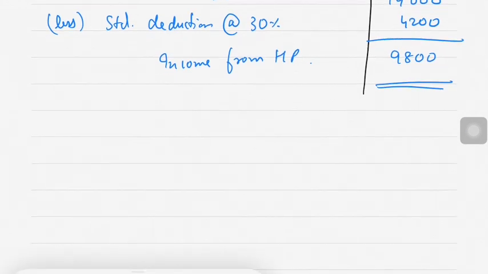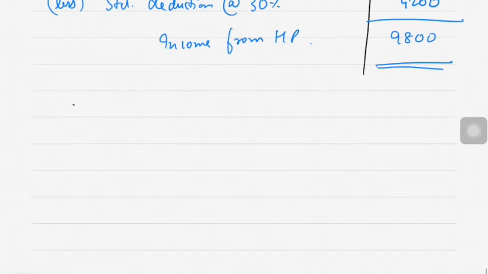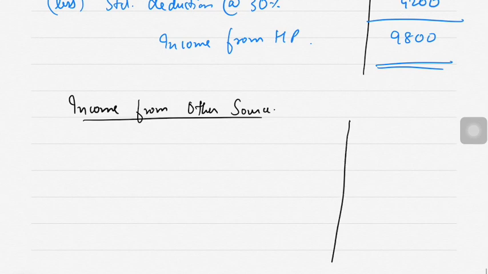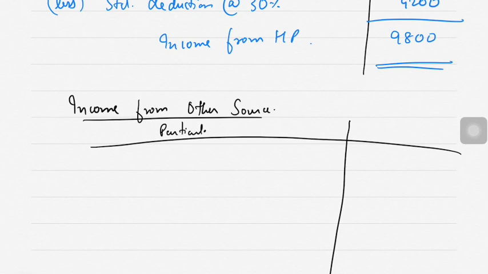Okay, let's calculate income from other source. Two columns again, particulars amount.